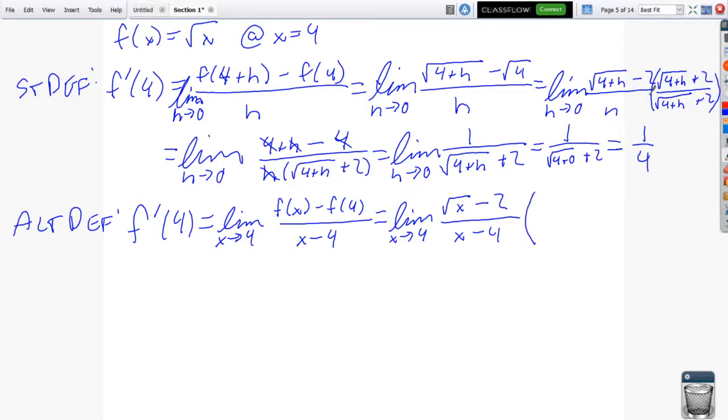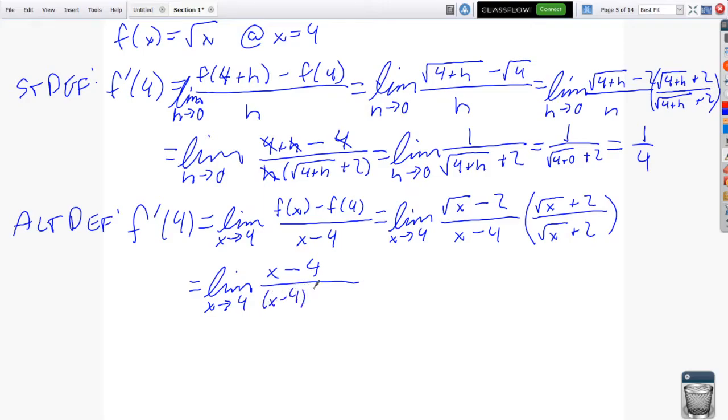You're going to use the same strategy here, multiplying by the conjugate. I just happen to think that the conjugate's just a little bit friendlier in this case. And now I can see, multiplying by conjugate, I've got difference of squares. This is going to be the limit as x approaches 4 of square root of x times square root of x gives me x, minus 2 times 2, 4, over, and just trust me, you don't want to do the FOIL in the bottom.